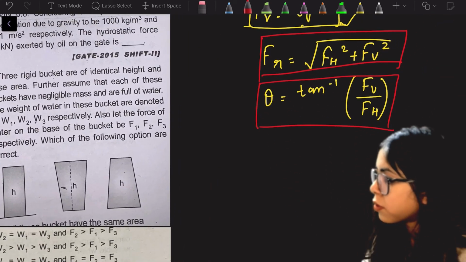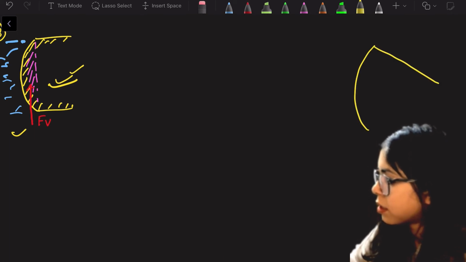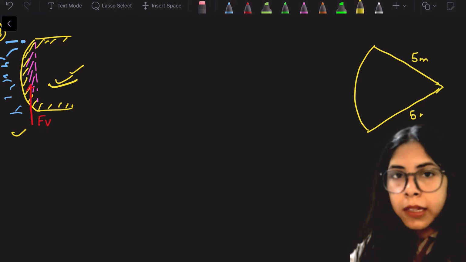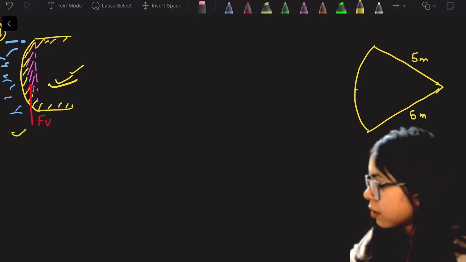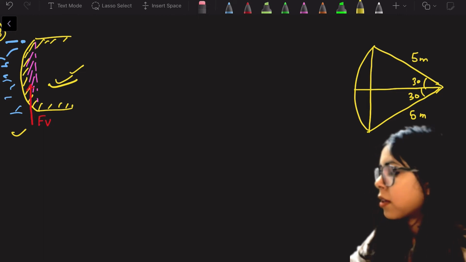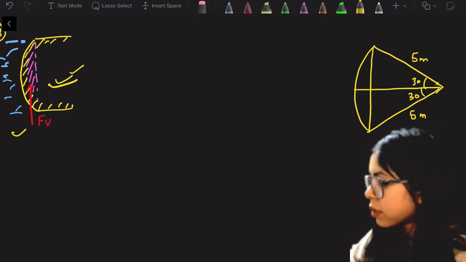So for this particular case, I have this sector with 5 meter radius and angle 30, right? And this will be somewhat like this. Now I want only this particular volume.